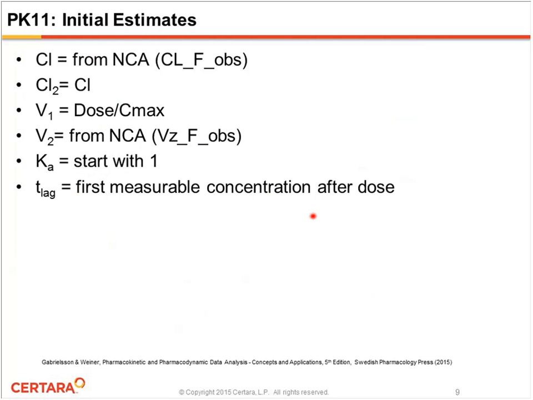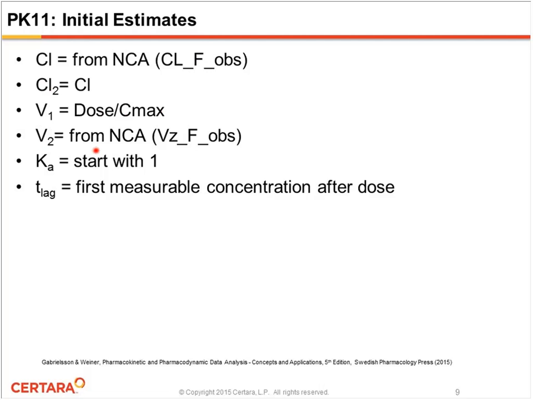Before we start with the demo, we need some initial estimates typically. And what we typically do here is run an NCA analysis. So we get the clearance from the estimation from the NCA, CL/F obs. For the central volume, we just get an initial estimate by the dose divided by Cmax.